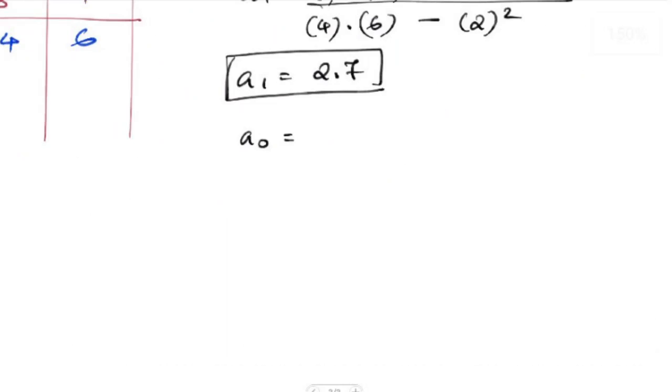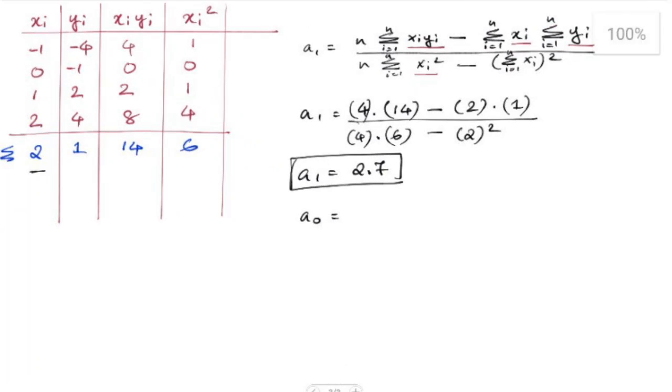So the average of y is the summation of y, which is 1, divided by the total number of terms, which is 4, which is n, minus a1, which we already received as 2.7, times the x average, which is the summation of the x values, which is 2, divided by n, which is 4.